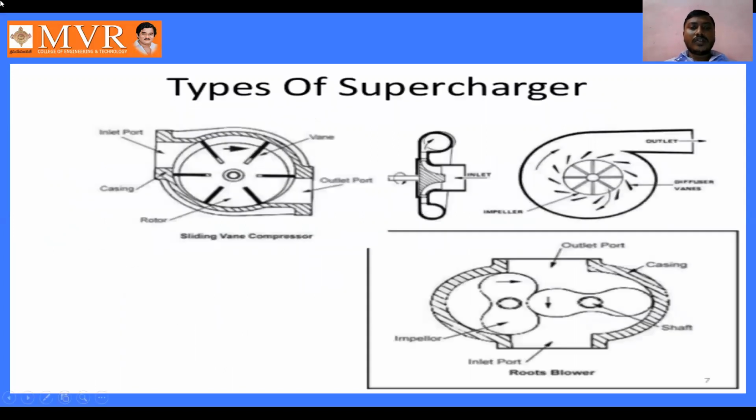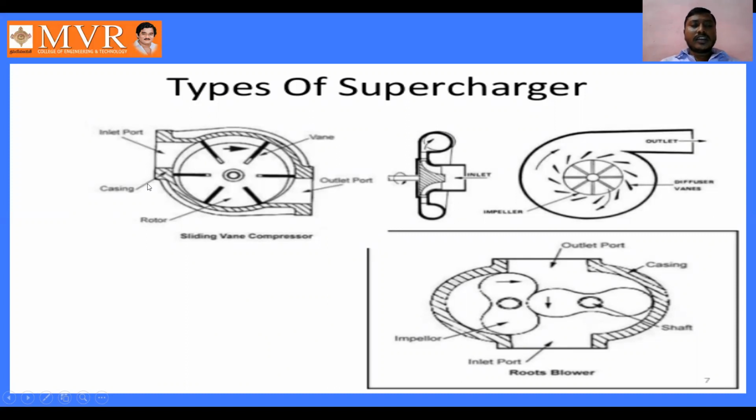These are the types used for the supercharger. Here we can observe the diagram of the supercharger. This is the inlet port, this is the casing, this is the rotor, this is the outlet port, and these are the vanes in the sliding vane compressor. The inlet port is where the air is forced into the engine cylinder.